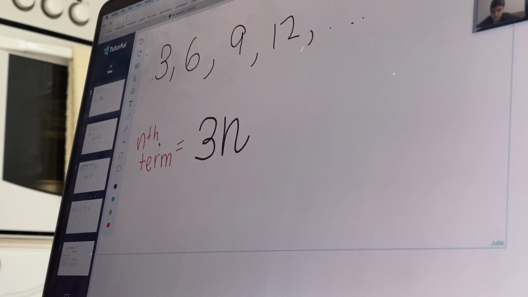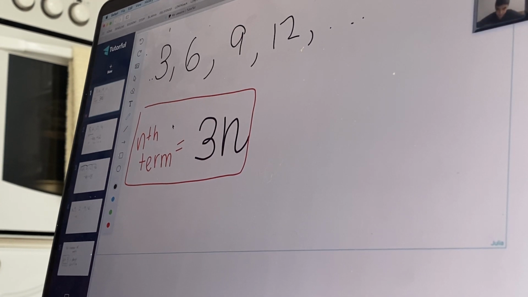So what that means is, because the nth term equals 3n, every value we substitute in, we get the nth term when we substitute in where we are in the sequence. So 6 is the second term.